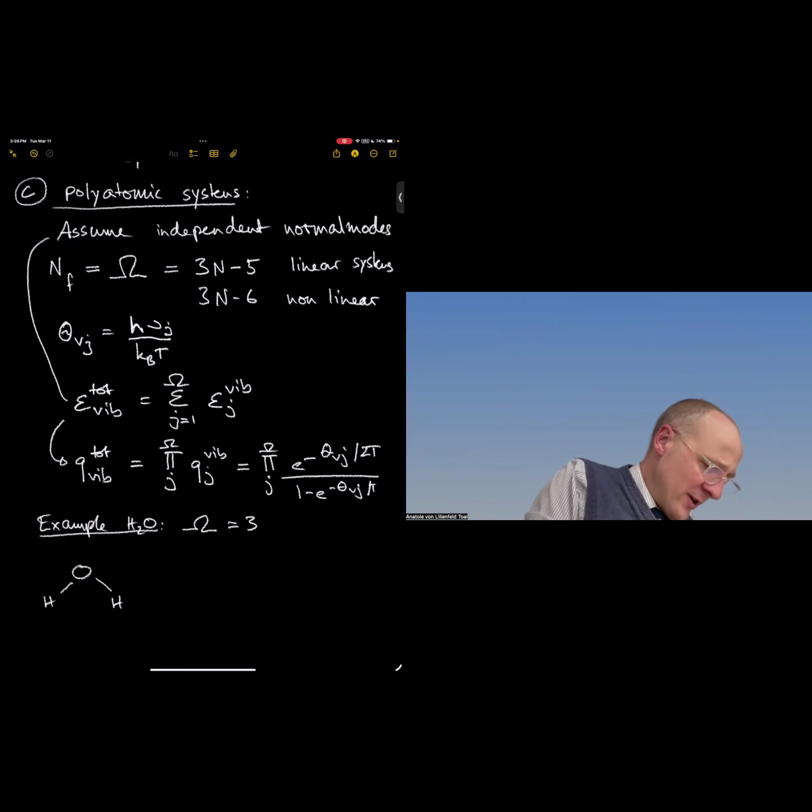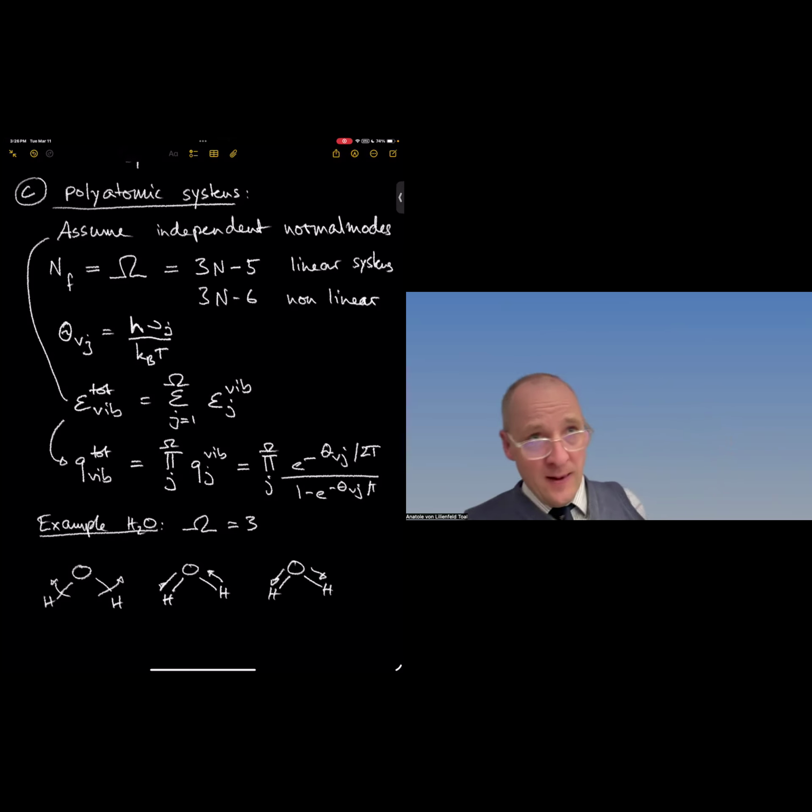My first mode could be the vibration in the angle. My second mode could be the asymmetric stretch. And my third mode could be the symmetric stretch, right?